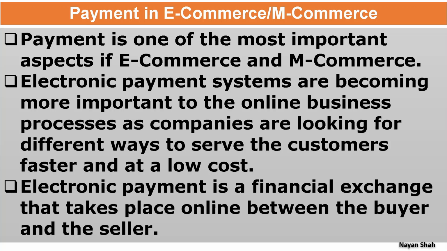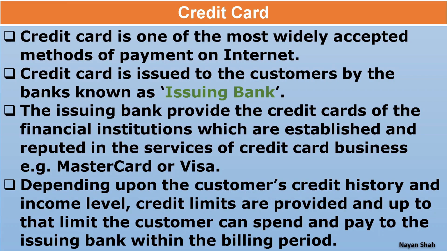So let's see the different ways of payment. The first and most important method of payment which is used worldwide is the credit card. A credit card is issued to the customer by a bank, and that bank is called the issuing bank. So if I have a credit card which I got from Axis Bank, then Axis Bank for me is the issuing bank.